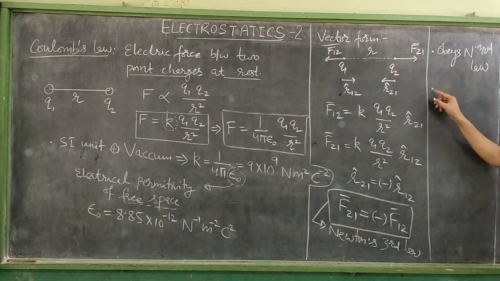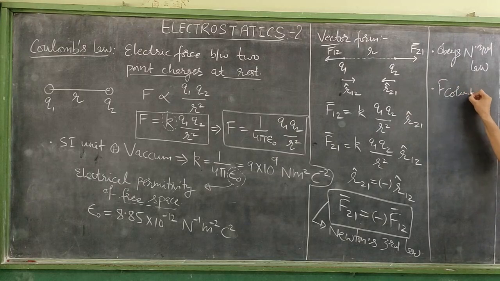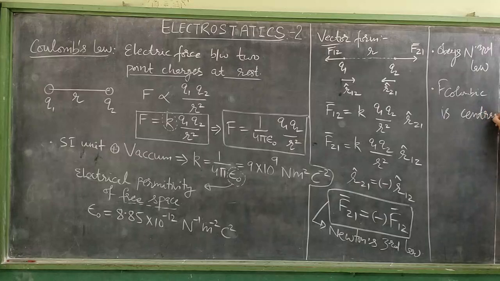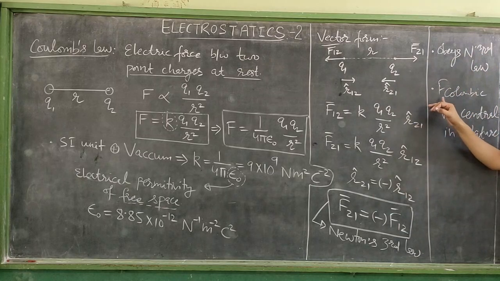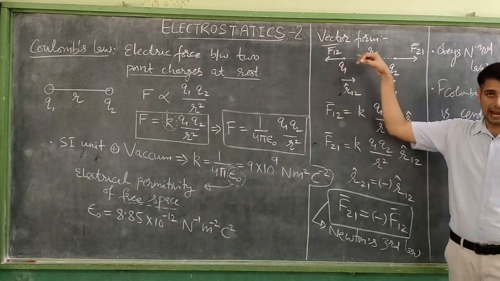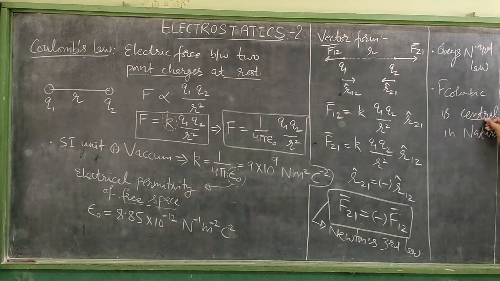Correct? So that's why second thing we will say, that Coulombic force is central force, central in nature. Correct? So these 2 points we can conclude: this Coulombic force obeys Newton's third law, and since these Coulombic forces are acting along the line joining the 2 point charges, we will say this Coulombic force is central in nature.